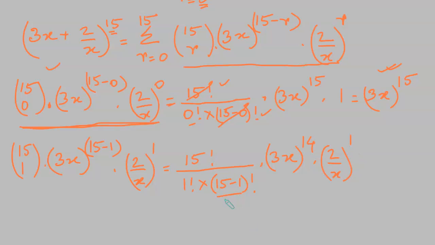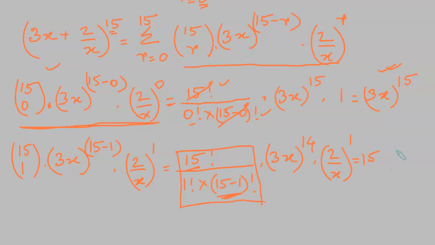This is 15 factorial and this is 14 factorial. 15 is the larger number, so I can write 15 factorial in the form of 15 times 14 factorial. So the 14 factorial of the numerator and the 14 factorial of the denominator will get cancelled, and we will have the answer as only 15 from this part.